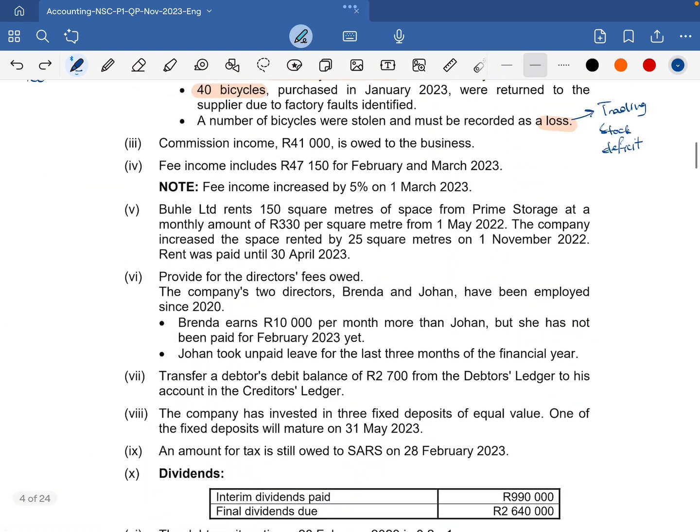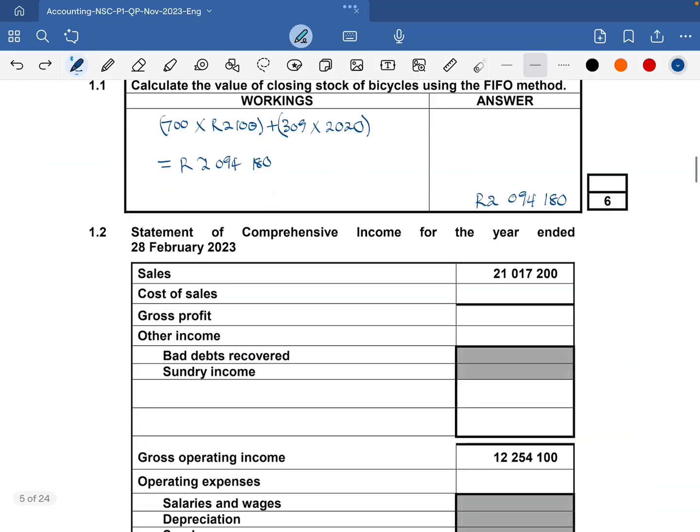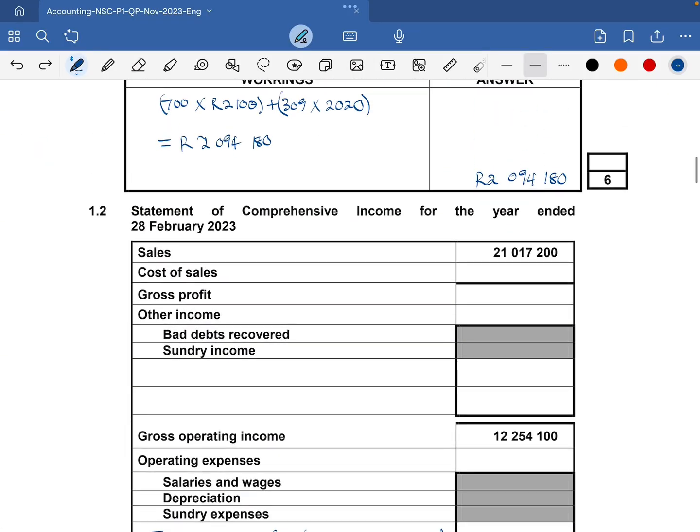Right. So in this case, our sales were given as 21,017,200. Then we add back the trade discounts because this is a sale also, multiplied by 100 over 220. That's what we want over what we know.